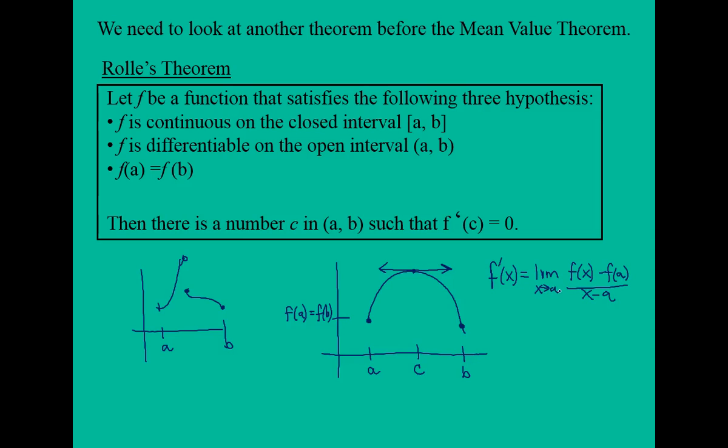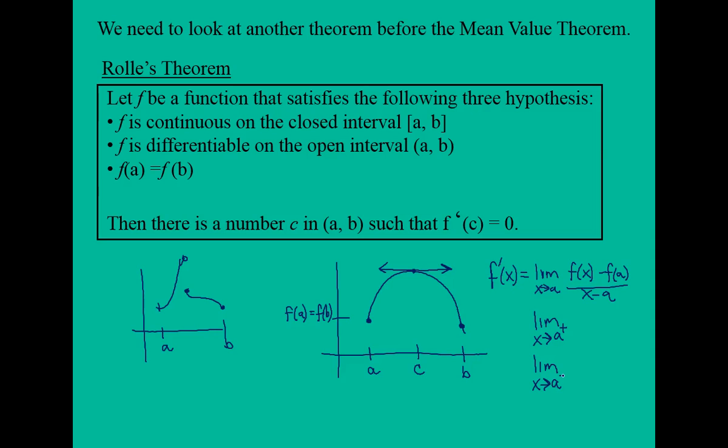And if we try to find the derivative at an endpoint, we'd be looking at the two one-sided limits, and we could approach a from the right, but we couldn't approach a from the left. So we wouldn't be able to find the derivative at that point.